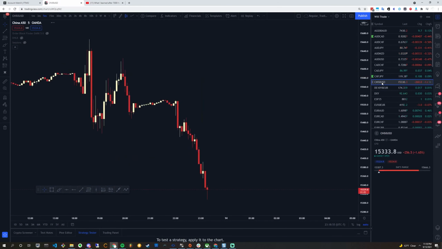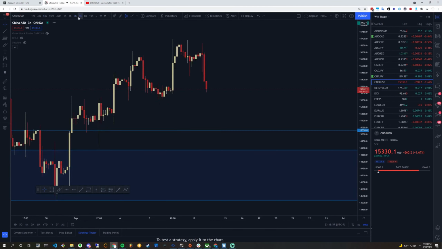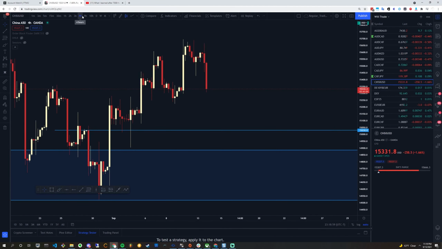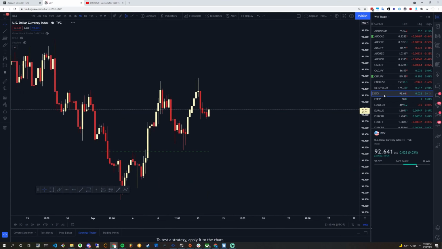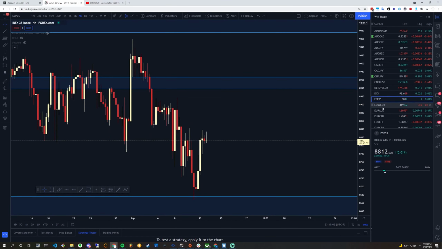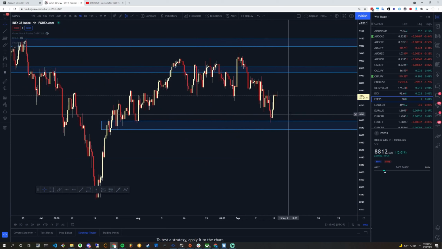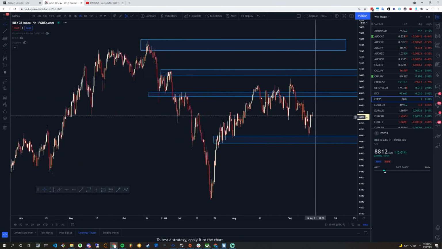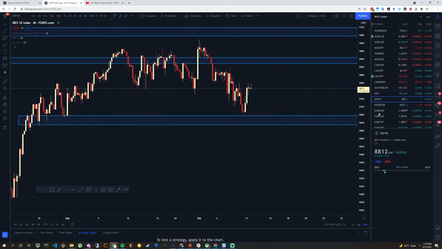Should just be selling this China 50, man. This thing runs. He's doing it. The España 35 that we never looked at on this looks like it's had a lot of wicks up here that it wants to clear out.